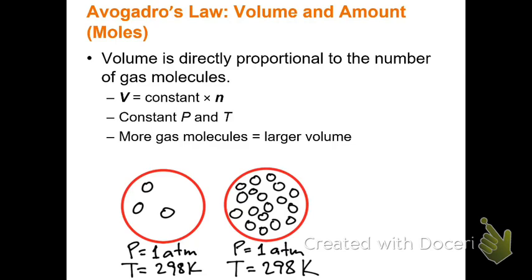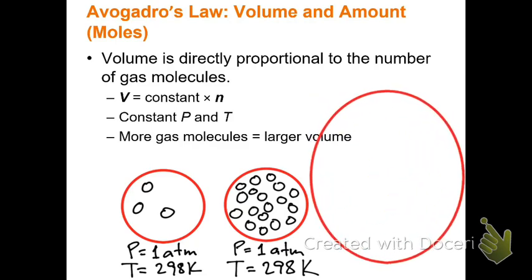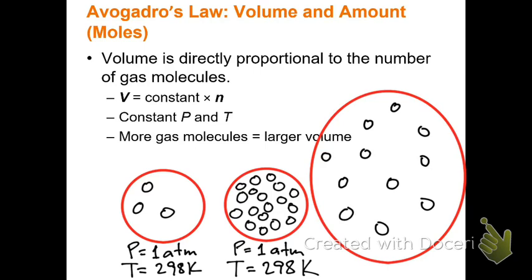So, in order for that to happen, the second container has to expand dramatically in order to compensate for that increase in pressure. So when you expand the volume, these molecules are basically farther apart, right?